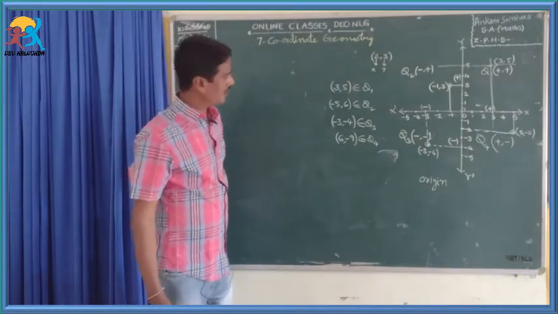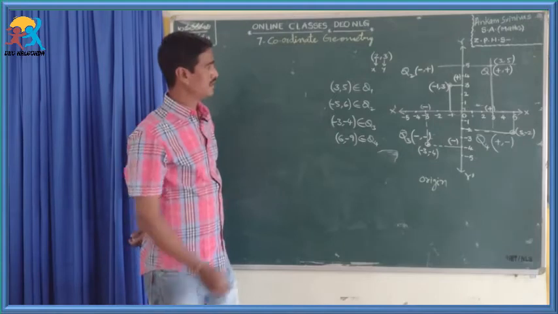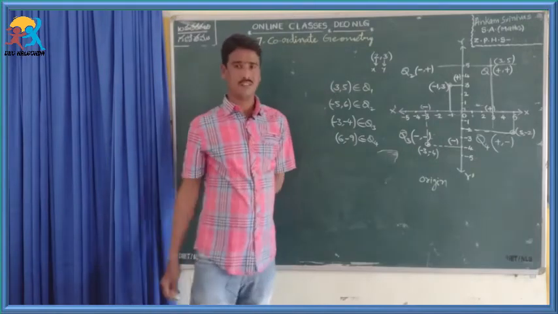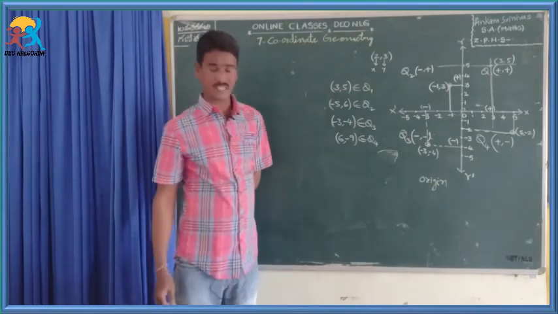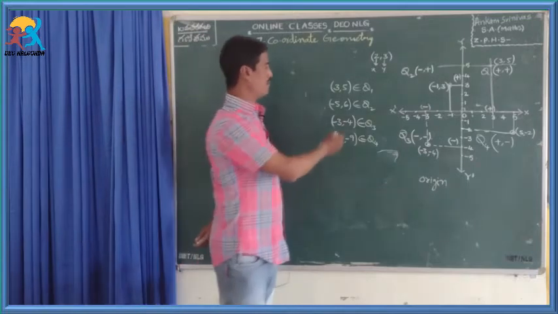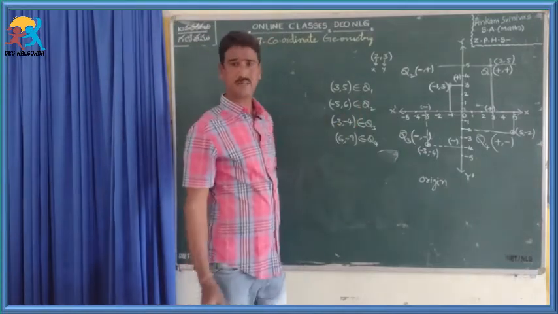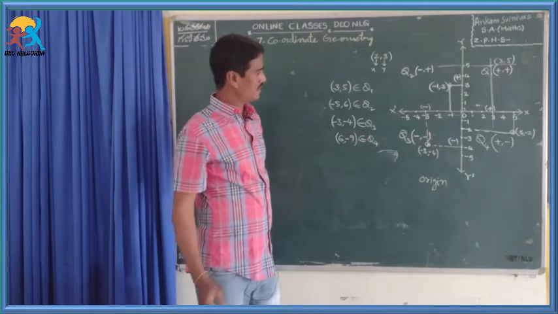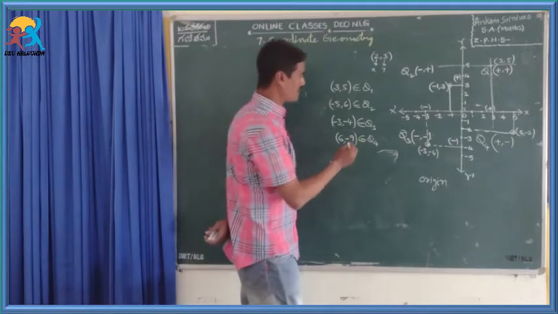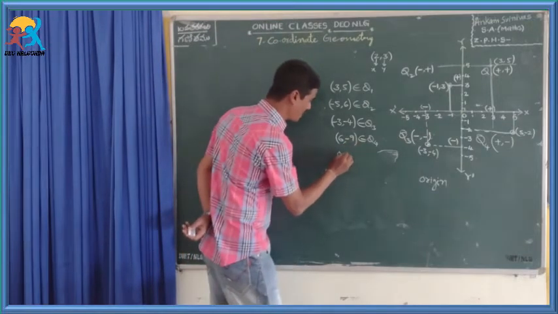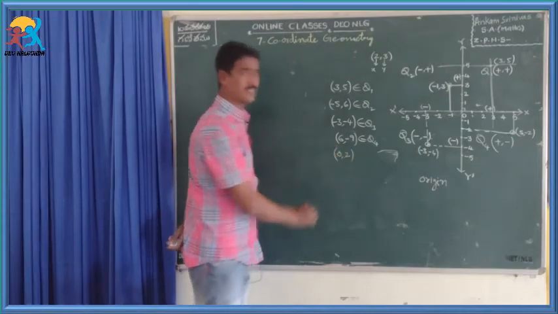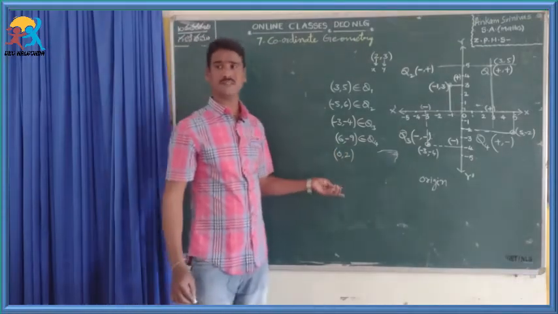So we have learned about the coordinates of coordinate geometry, the Cartesian plane, and the position of points in the plane. Now children, suppose I take 0 comma 2. Is 0 positive or negative?